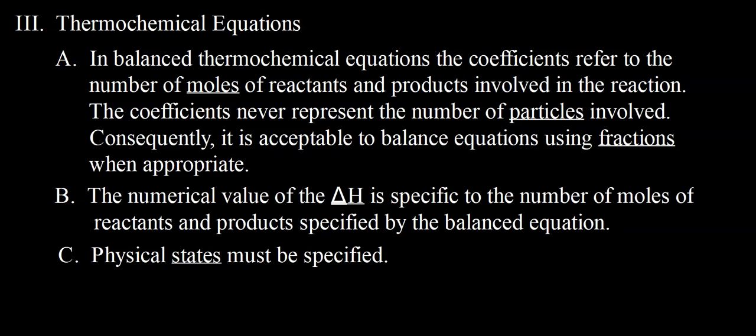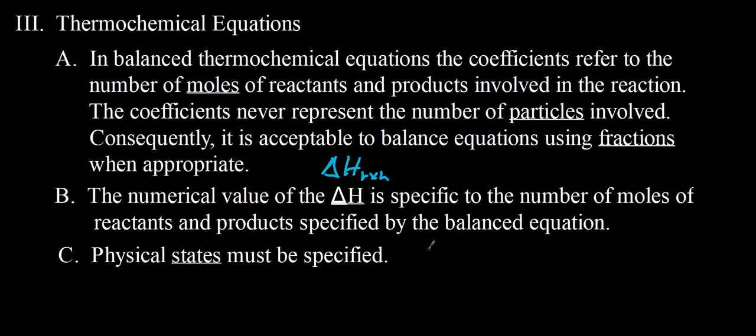Letter B, the numerical value of the delta H, the heat of reaction, we call that. If we're talking about the energy involved in a chemical reaction, it's called heat of reaction, delta H rxn. So sometimes we write that generically; heat of reaction could be a combustion reaction. In that case, we call it heat of combustion. But we've seen lots of delta H's.